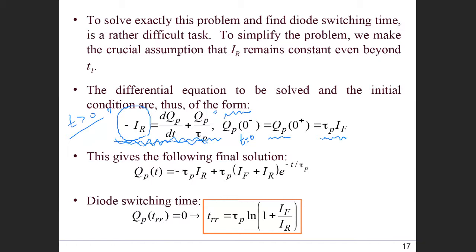Another boundary condition is when t goes to infinity.